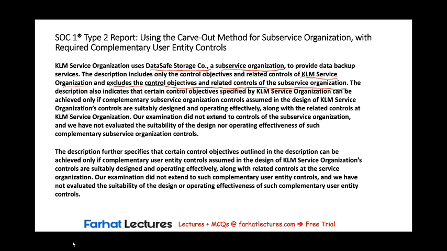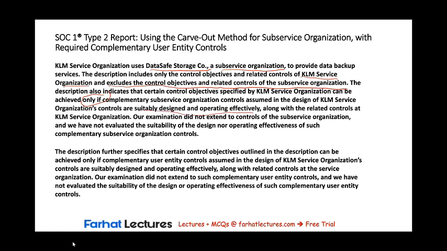The description does not include the control objectives and related controls of the subservice organization, versus the inclusive method, where, as we're going to see later, it's going to be included. The description indicates also that certain control objectives can be achieved only if complementary subservice organization controls assumed in the design of the service organization controls are suitably designed and operating effectively.